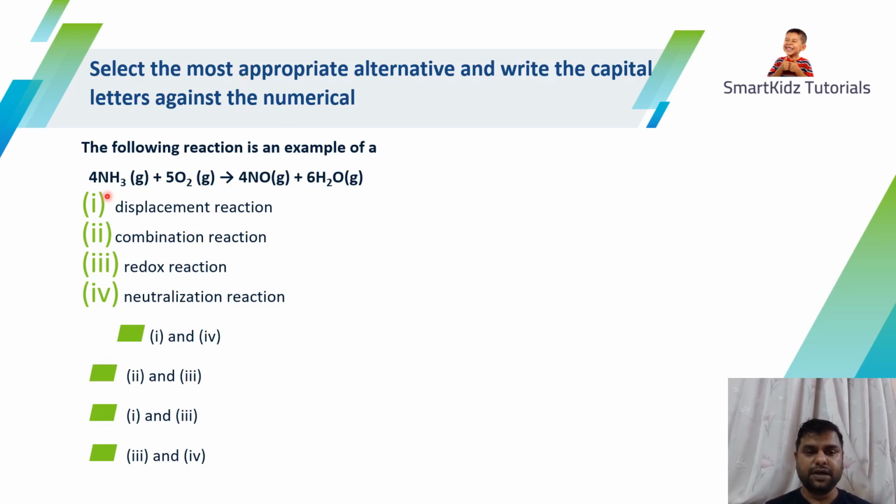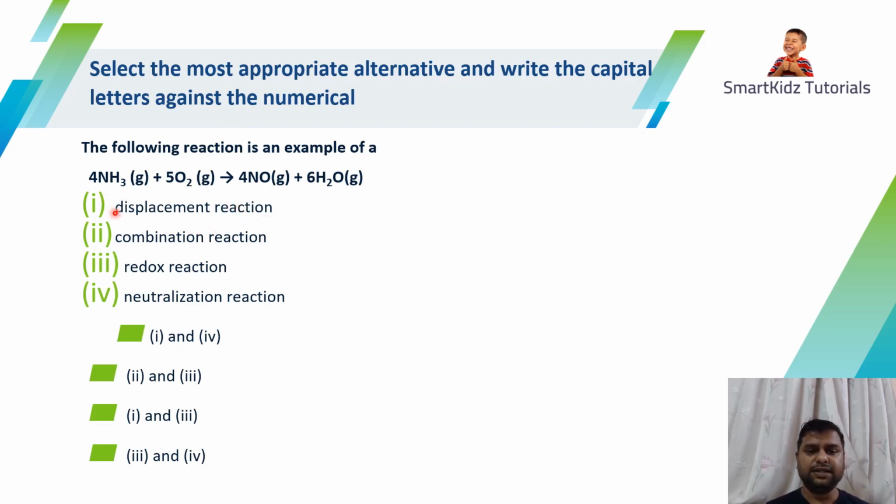Let's have a look. We have been given ammonia and oxygen that react to give us these products. If you carefully have a look, this ammonia is getting oxidized to give you nitrogen oxide. So definitely this is a type of redox reaction.